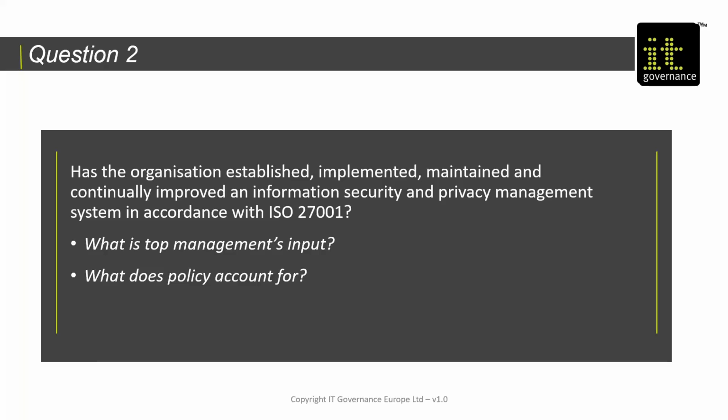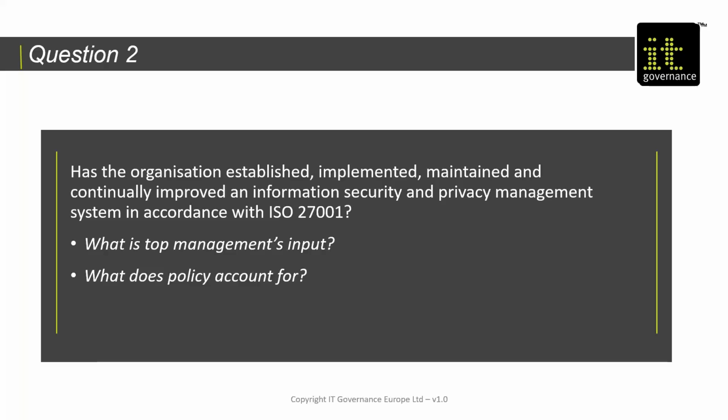It should include privacy objectives or a framework for setting them. And it should also include a commitment to satisfy privacy requirements and a commitment to continual improvement of the management system. The policy should be documented, communicated within the organisation and be available to interested parties as appropriate.